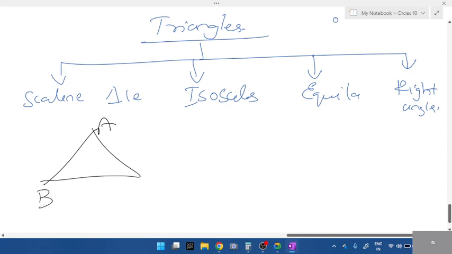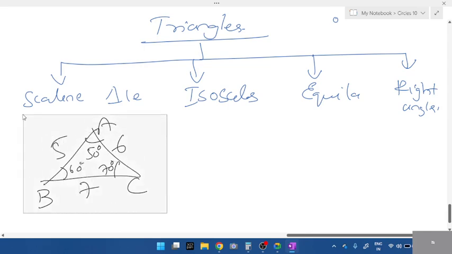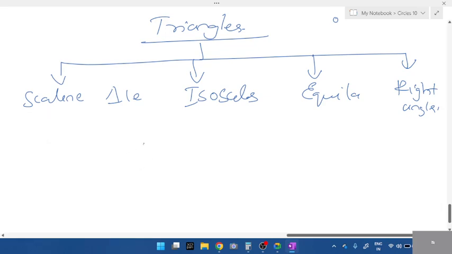If you take triangle ABC, AB will be 5 centimeter, AC 6 centimeter, BC will be 7. Their angles will be 50, 60, and 70. Any of the angles equal? No. Any of the sides equal? No. So such a triangle is known as a scalene triangle.